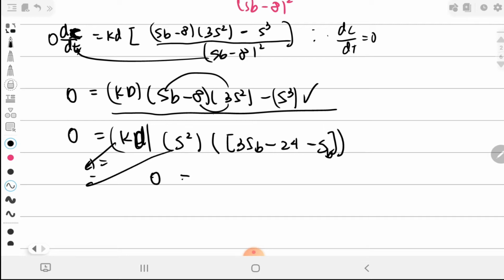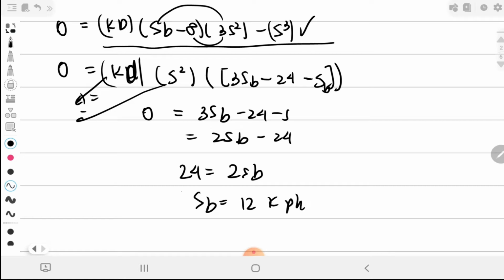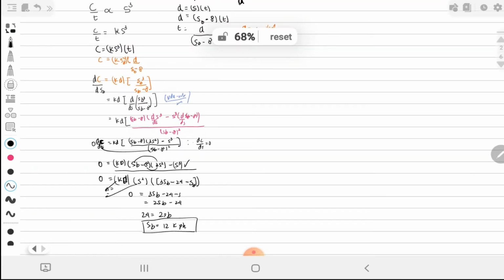We have 0 is equal to 3SB less 24 less S. So we have 2SB less 24. From here I will have 24 is equal to 2SB, and SB will be equal to 12 kph, of course, because that is our unit.